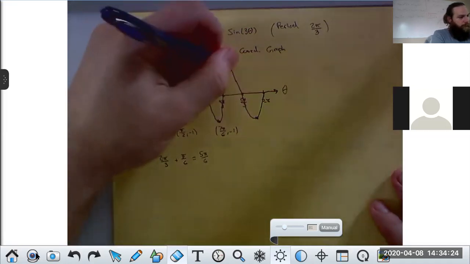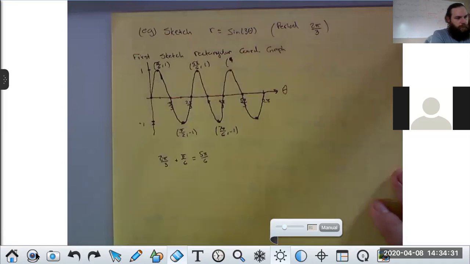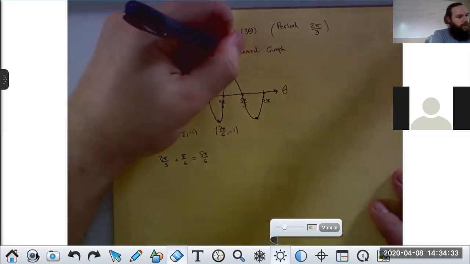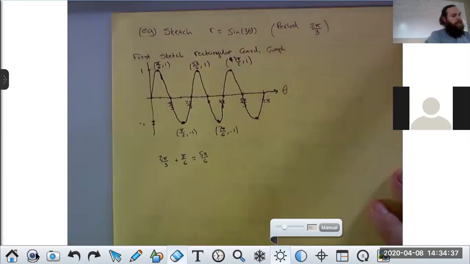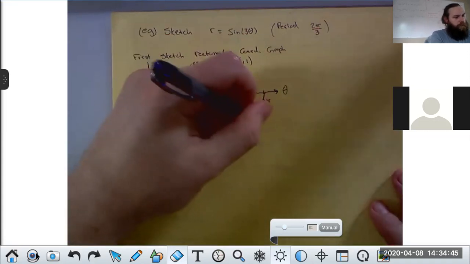This will be 9 pi over 6, which we wouldn't write like that, right? We'd write that as 3 pi over 2, sorry. And then we go through 5 pi over 3, which is 10 pi over 6 to 11 pi over 6.